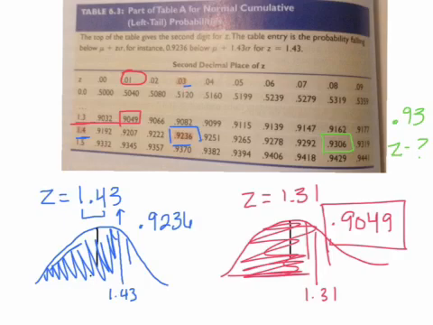Then all the way to the left I have 1.4, and then I go up. So my z-score would be 1.48. You could be off just a little bit there, but anywhere around 1.47, you would still get credit for that.